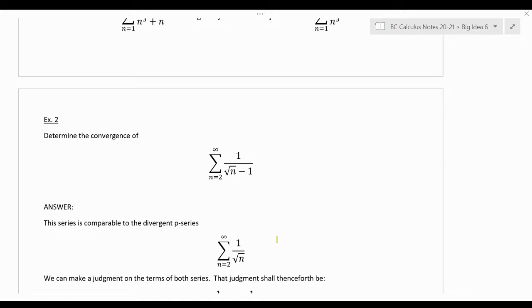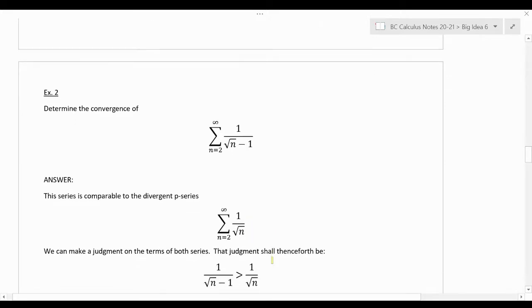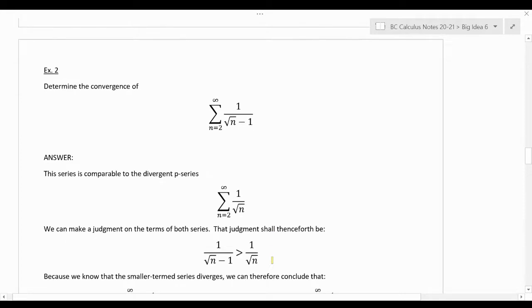And you're learning direct comparison right now. So look at 1 over root n. In comparison to 1 over root n, 1 over root n minus 1 has a smaller denominator, so it's the bigger of the two numbers. So 1 over root n minus 1 is bigger than 1 over root n.